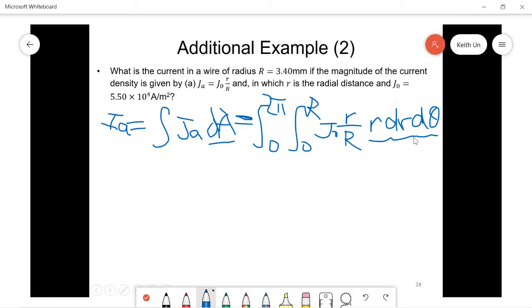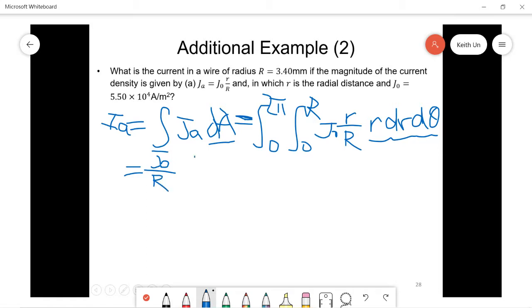So we have r dr d theta, where r is from 0 to capital R and theta is from 0 to 2 pi, which is the whole circle. So J0 and R are constant.